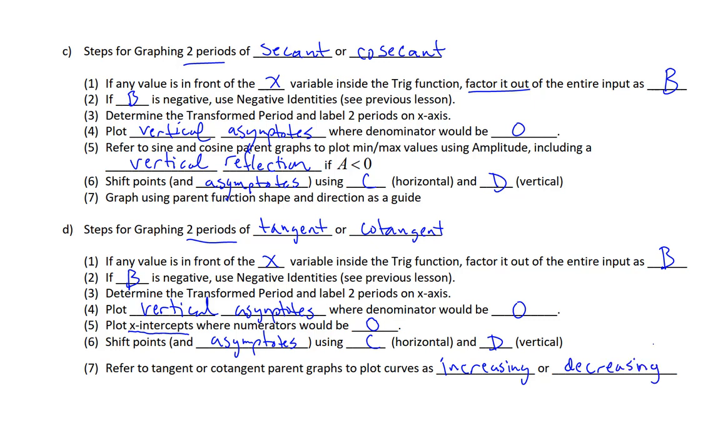That's just an important but basic observation of those parent function graphs. If you go back and look at them, you could observe similar characteristics for secant and cosecant, but for tangent and cotangent, it's good to remember where they're increasing and decreasing and which one is doing which. So those things will matter, as we will see.